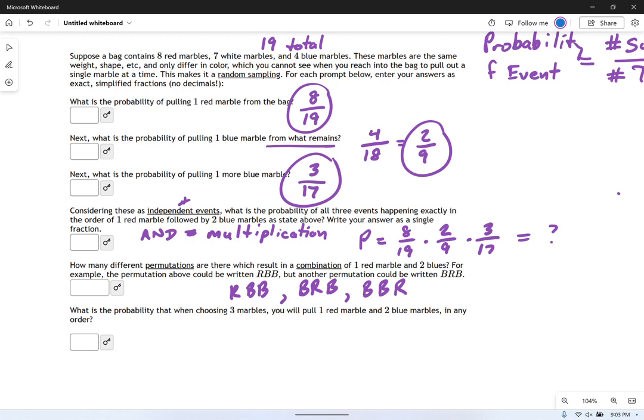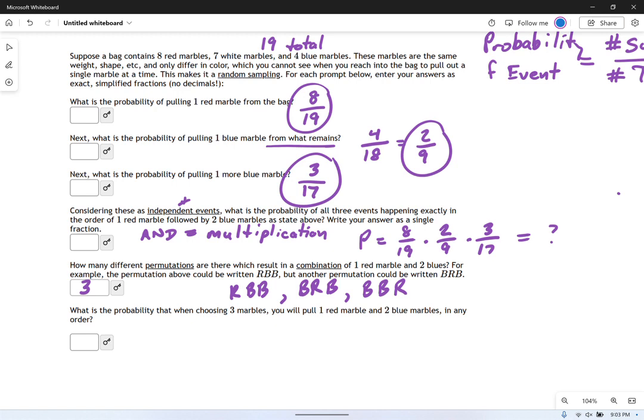So we say there are 3 different permutations, 3 ways to pull out exactly the types of marbles that I want. Now you might ask, well, is the probability of each of these ways the same? Right? Is the probability of red, blue, blue equal to the probability of blue, red, blue equal to the probability of blue, blue, red? I encourage you to work through that for yourself. You're going to see that it is exactly the same probability. Each of these has the exact same probability as before.